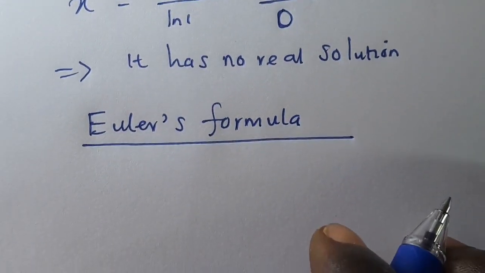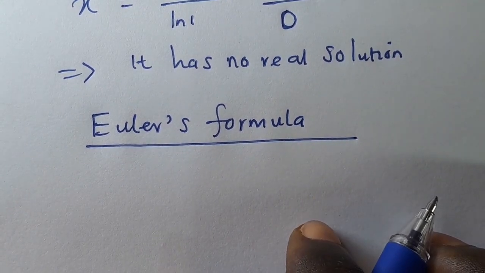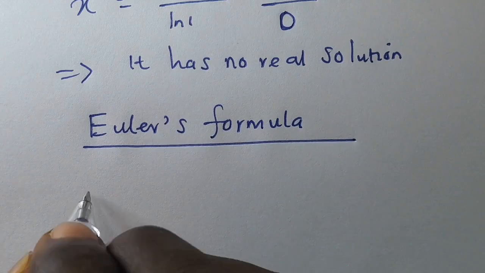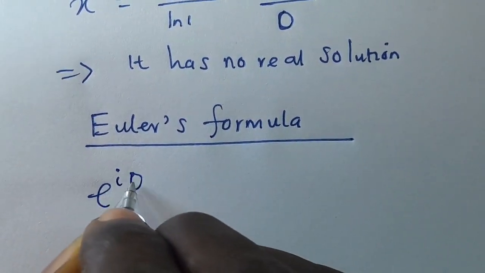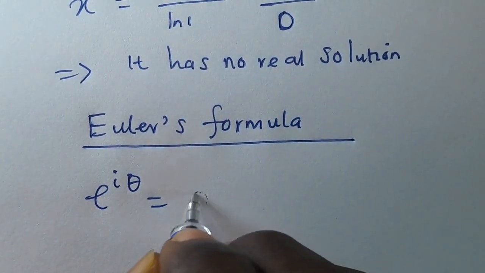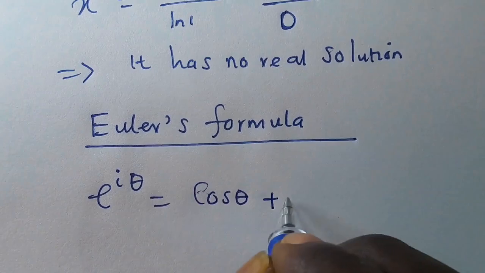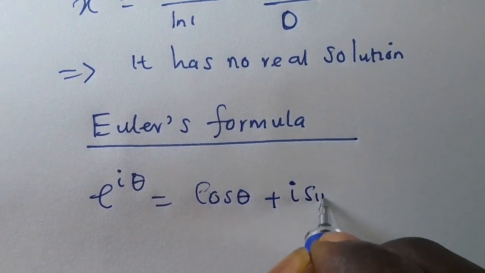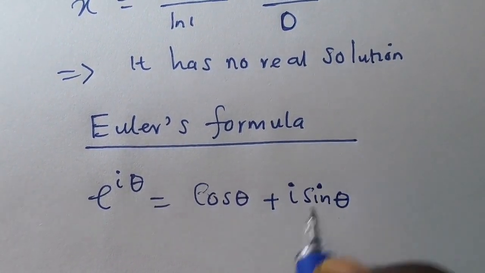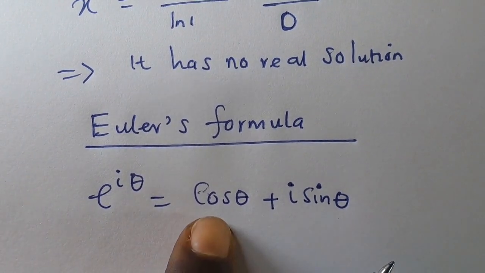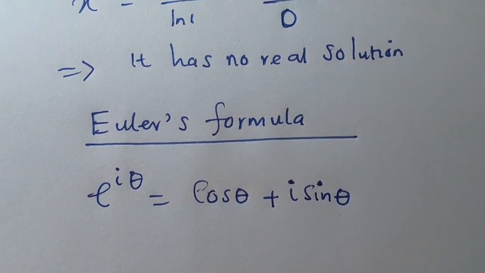Euler's formula is given as e to the power of i theta equals cos theta plus i sin theta. This one indicates the real part, this one indicates the complex part.